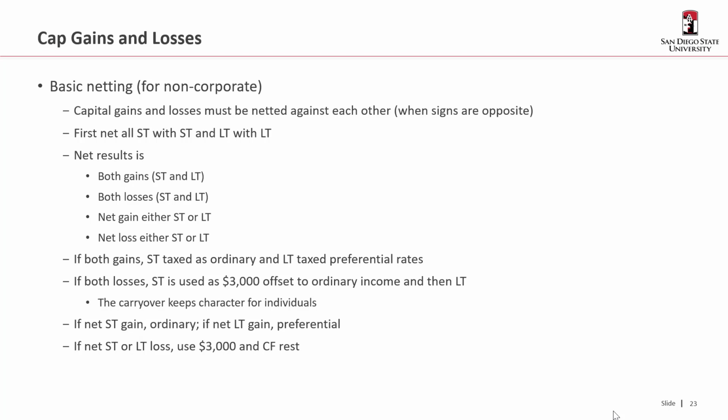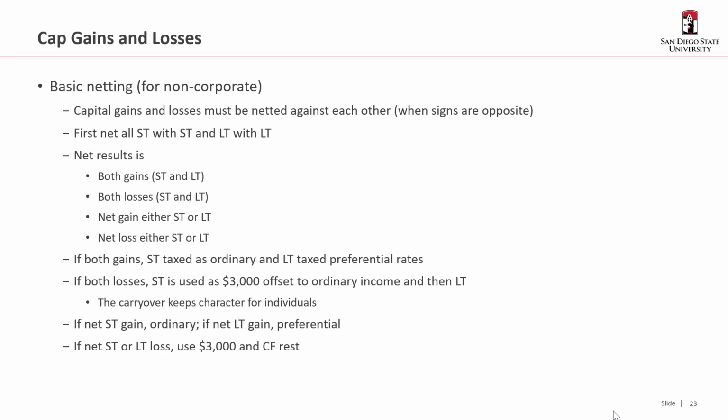If both are gains, then the short-term is taxed as ordinary, and the long-term gains are taxed at preferential rates. If both are losses, then you use the short-term first as your $3,000 offset to your ordinary income, and then long-term to the extent you have more to get to $3,000. The carryover keeps its character for individuals. So if you have short-term carry forward, you continue to treat it as short-term.